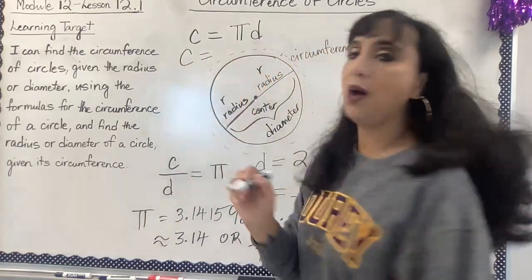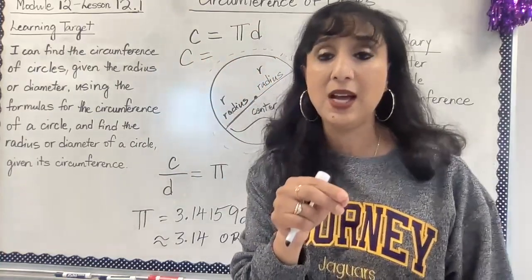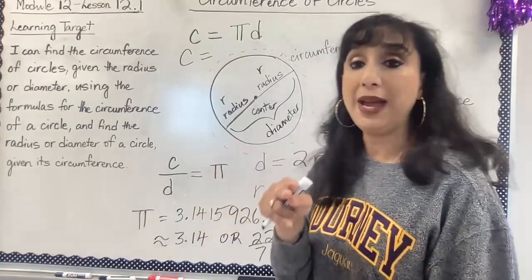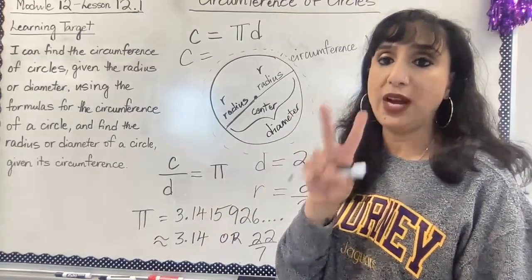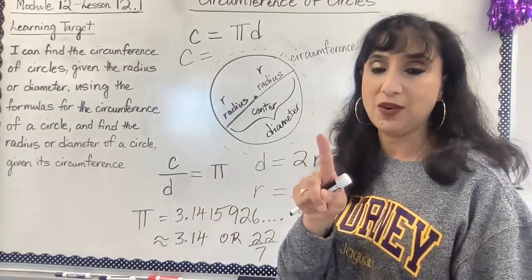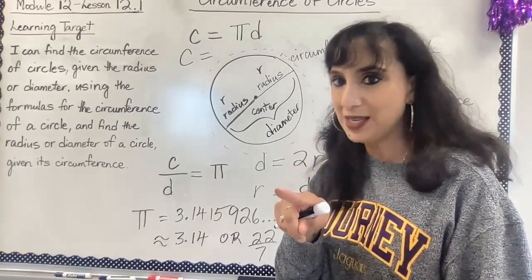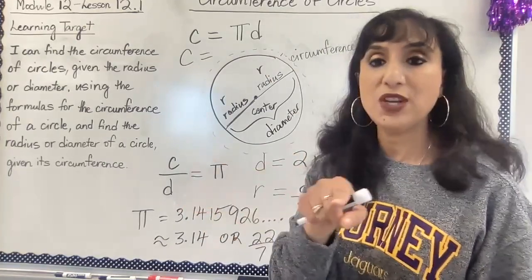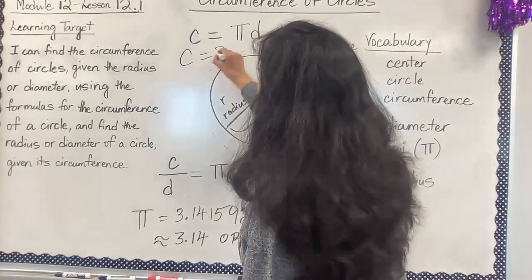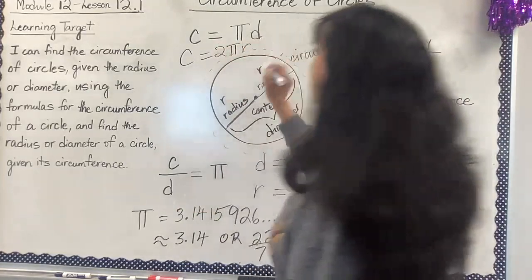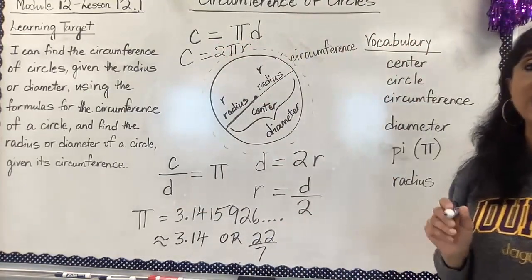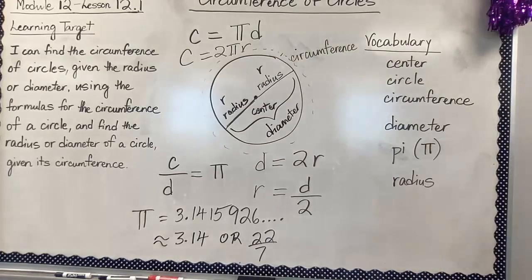Circumference is also, how many radii make a diameter? We know that 2 radii make 1 diameter. So we can also say 2 radii times pi, that's why it's written as 2 pi r. So both of these are correct in finding the circumference of a circle.